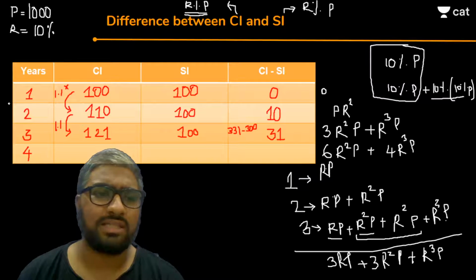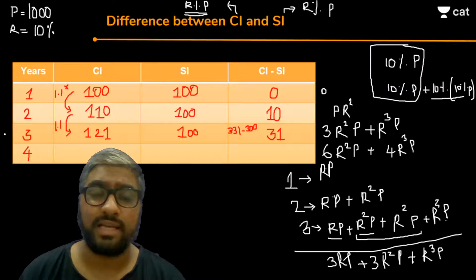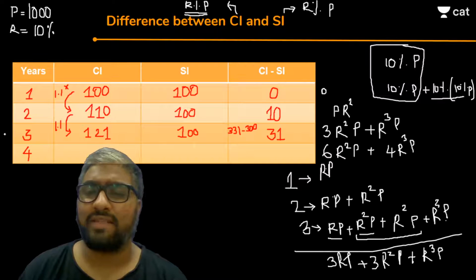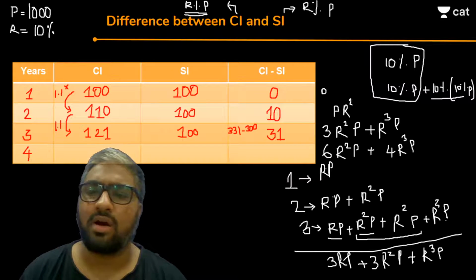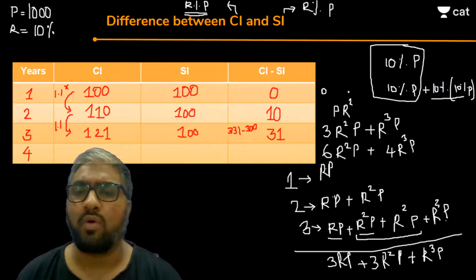Of all the questions that we've seen in the last 3 years of CAT, there was no question based on difference. Even if there are, you don't have to worry about this RP and all that. Every time I'll tell you how to deal with a question directly. But what you have to focus on is just try to understand this logic. Just understand the logic of difference, that will do.